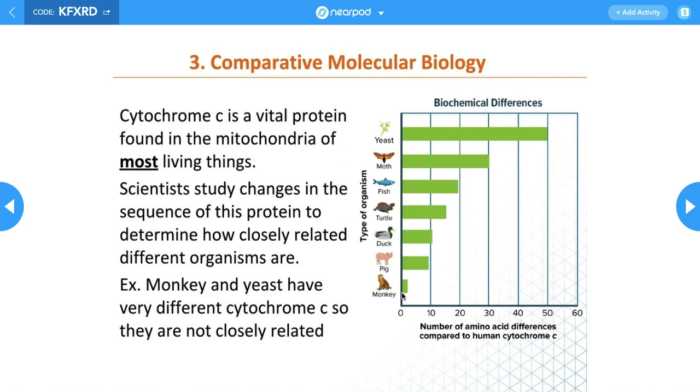So basically what this graph is showing us is how different the protein sequences of each one of these organisms are. Just by looking at this, I can tell that a duck and a turtle are more closely related than a duck and a moth, right? Because there's clearly a very big difference between this line and this line. So this shows me that a lot of mutations have occurred between ducks and moths, meaning that they are clearly not closely related.